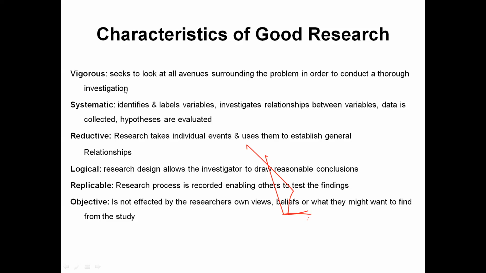It should be reductive. Then logical. Research design allows the investigator to draw reasonable conclusions. Usually I observed whether some students or some academicians, some so-called research scholars or big scholars, in their work, their title will be something else and research objectives will be something else.